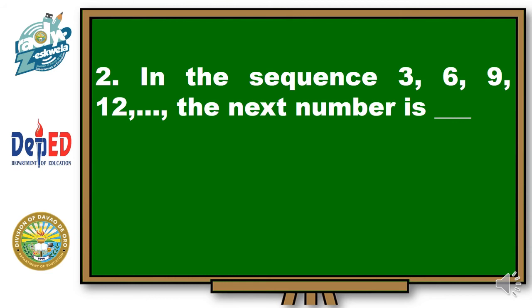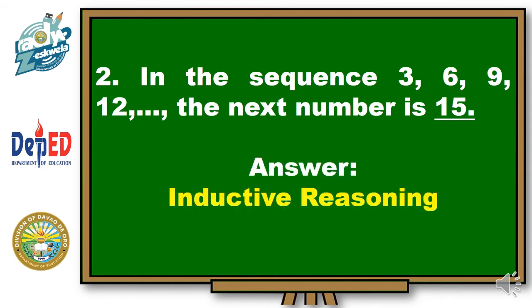And we are back for the checking of your answers in item number 2. The number next to 12 is 15. And the type of reasoning being used in this item is, very good, inductive reasoning. Why inductive reasoning?